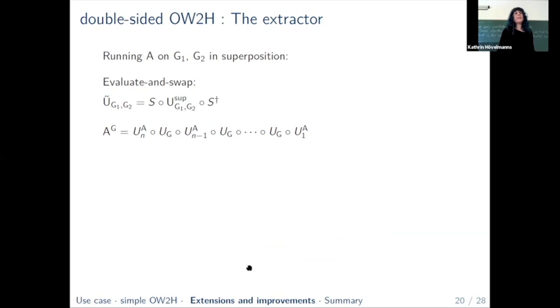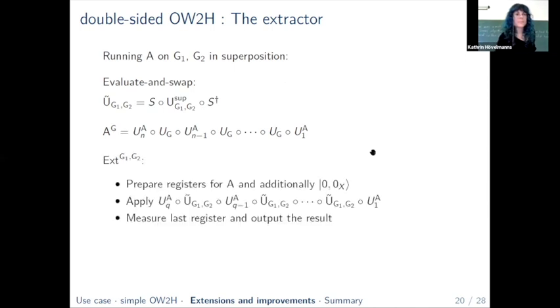So I think we've already seen this before, that we can identify adversaries with oracle access to the random oracle G as a sequence of unitaries interwoven with random oracle unitaries. And our extractor now will do the following, and will prepare the registers for the adversary A, and two additional registers.